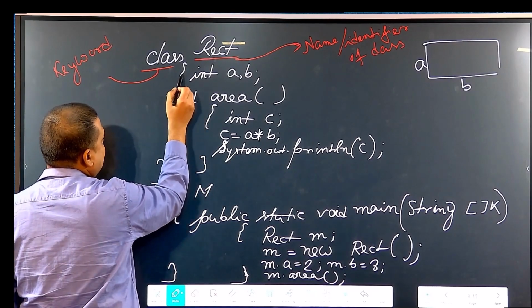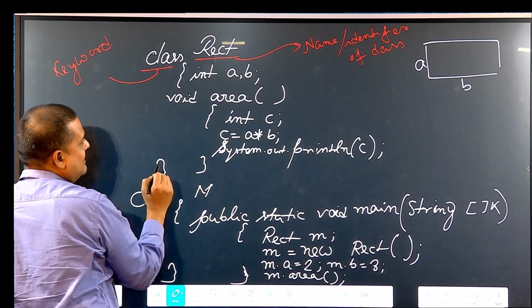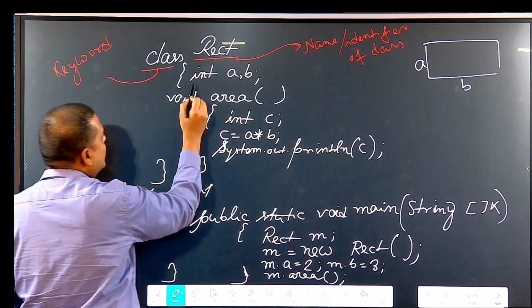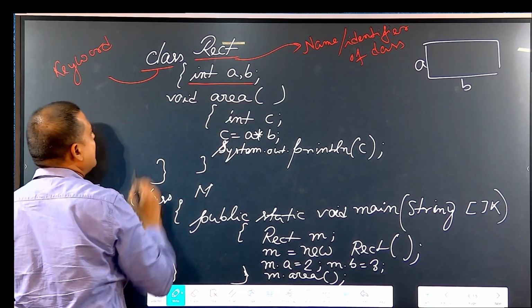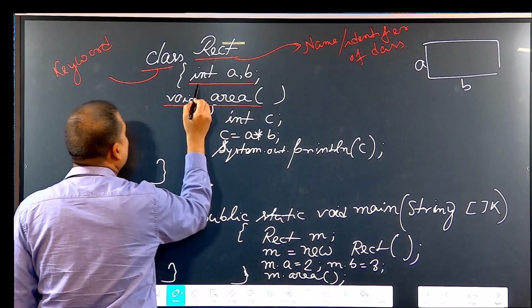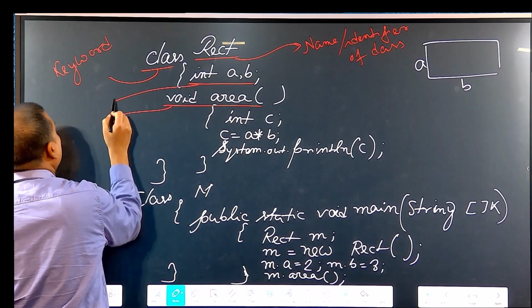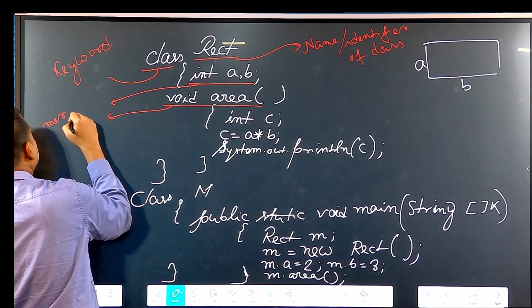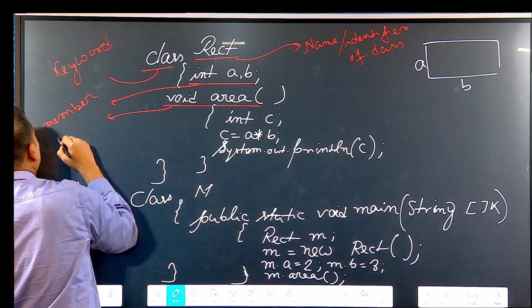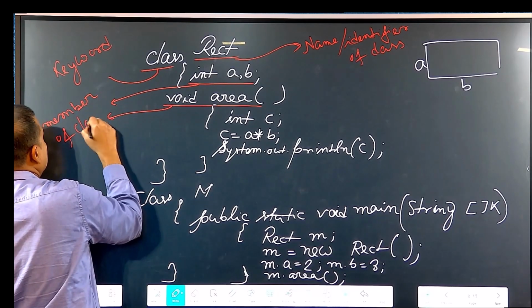This is the block, this second bracket open, second bracket close, here is one block and here is also another block. This one is a member variable and this one is also a member variable, both of them are members of class Rect.